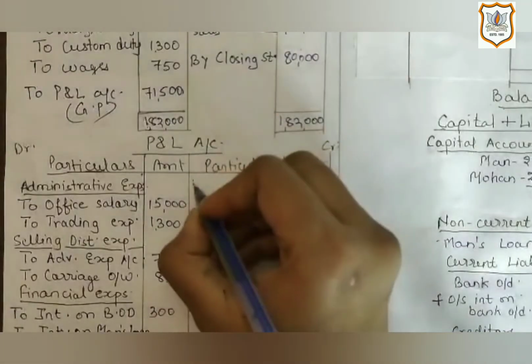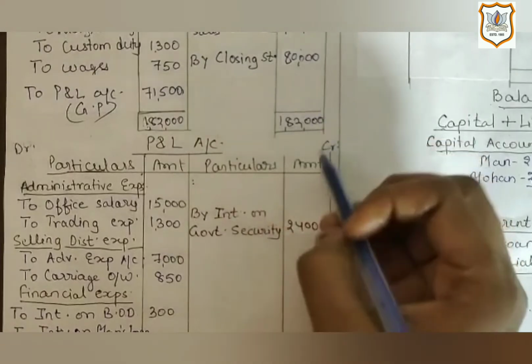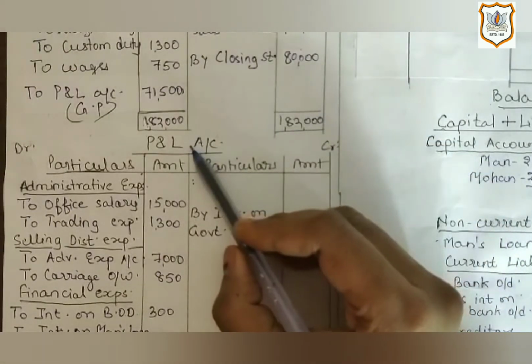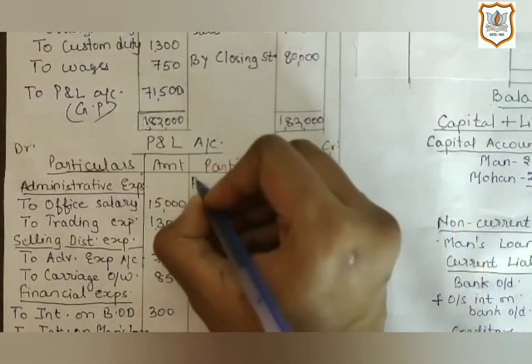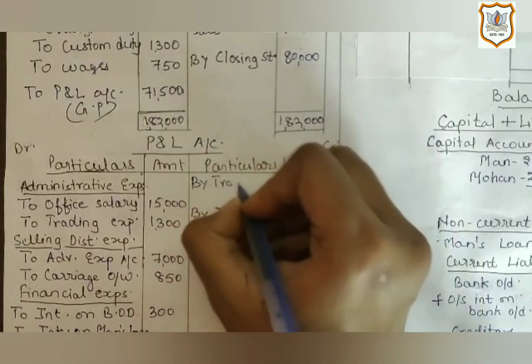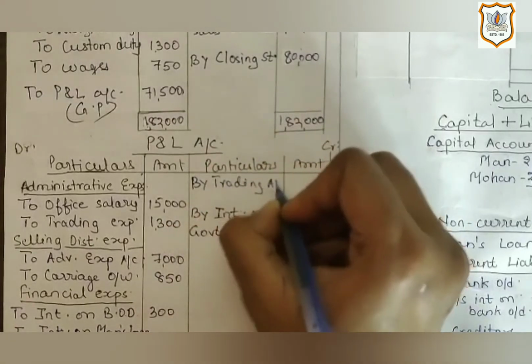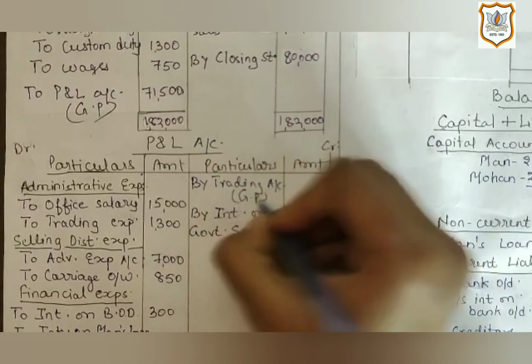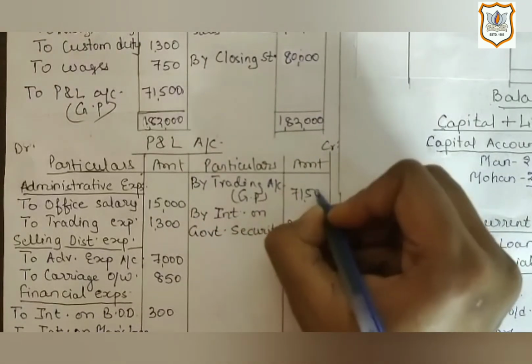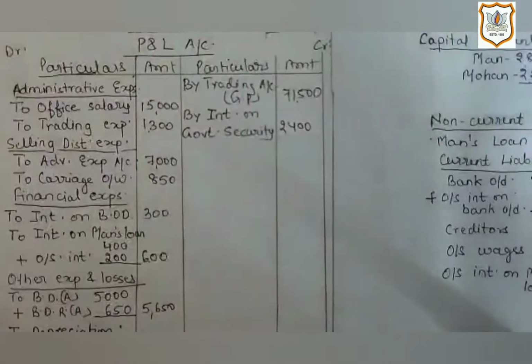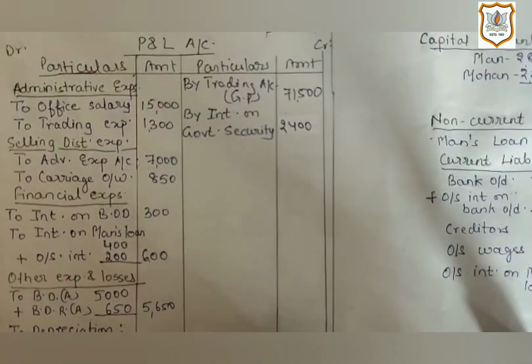So here we will transfer gross profit on the credit side of the profit and loss account from the trading account: By trading account, GP 71,500.